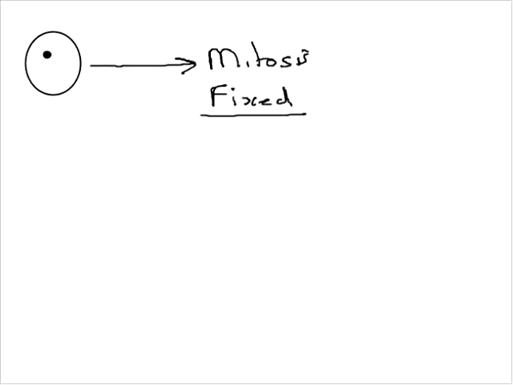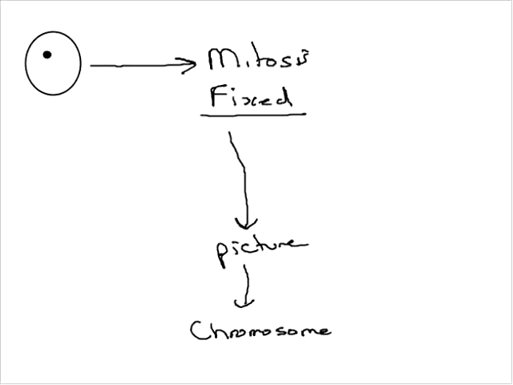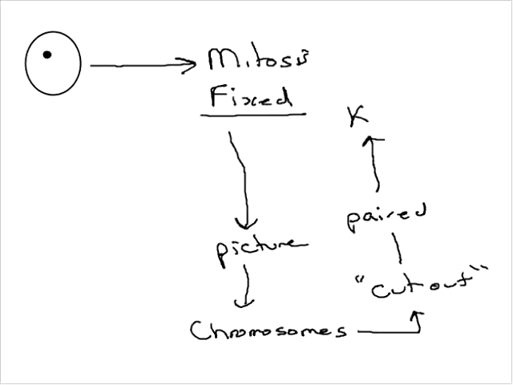Once the cell is fixed, a picture is then taken of the cell with the chromosomes being visible. This chromosome picture is then used: the chromosomes are cut out individually and paired according to banding pattern and chromosome size. This is then used to generate the karyotype.